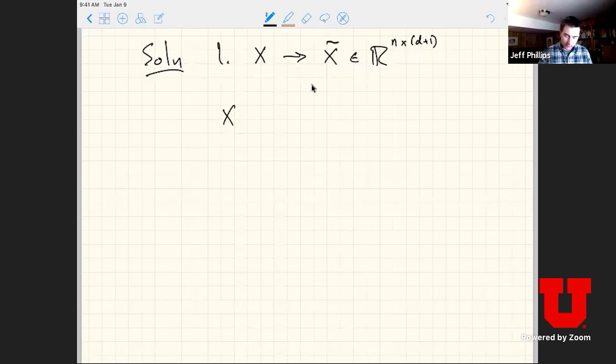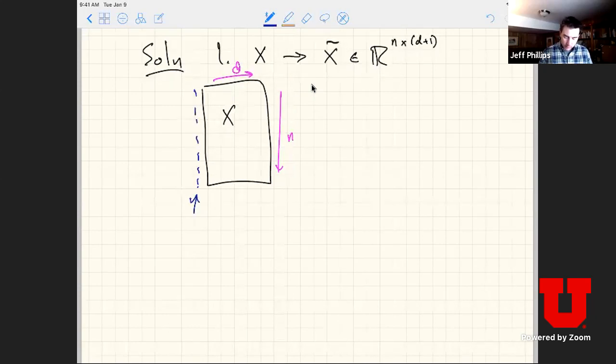If we have a matrix X which is n by d, then we're going to add a bunch of all ones along here, all ones in this first vector, okay?